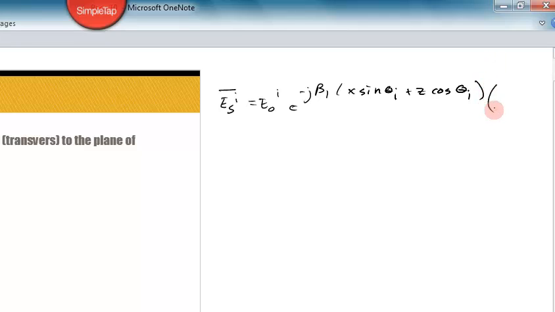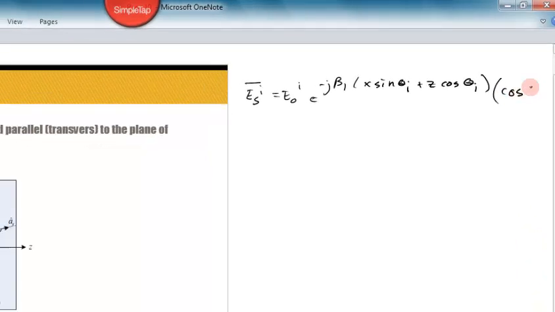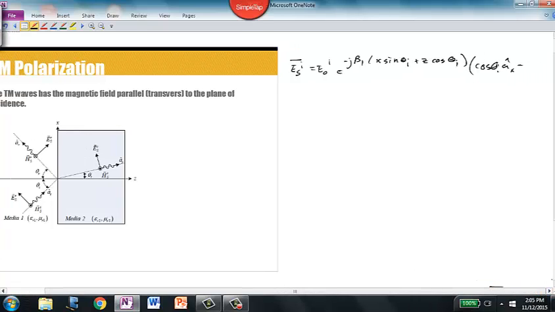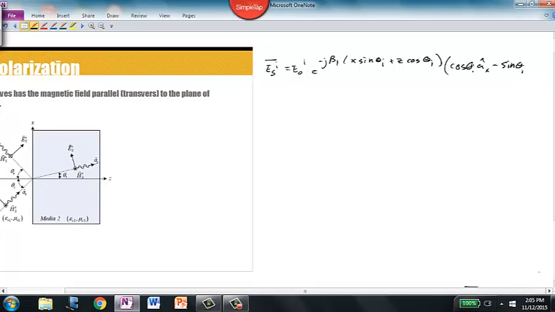And so we need to multiply this by cosine theta I a hat x minus sine theta I a hat z.